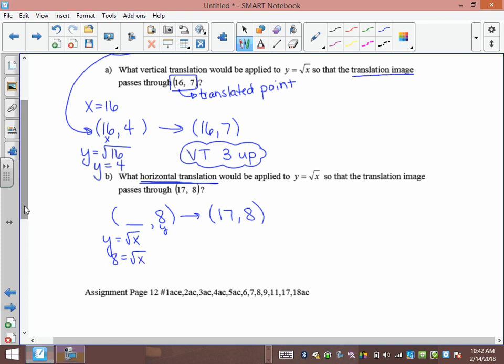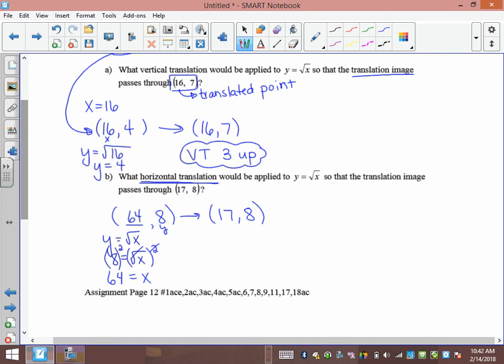How do we get x by itself? How do I get rid of a square root? Square it. X equals what? 64. So I went from 64 to 17. Did I move right or left? Left. I was at 64.